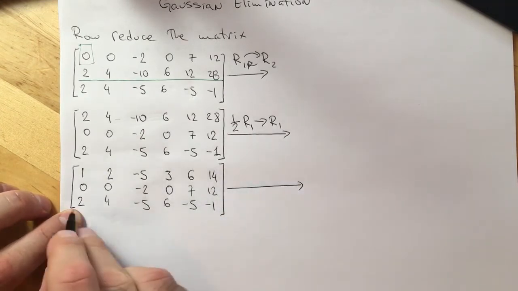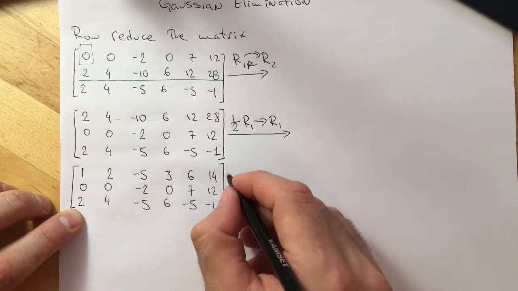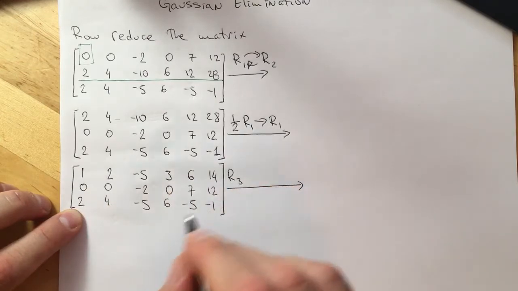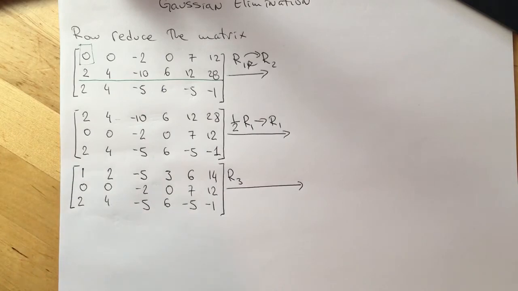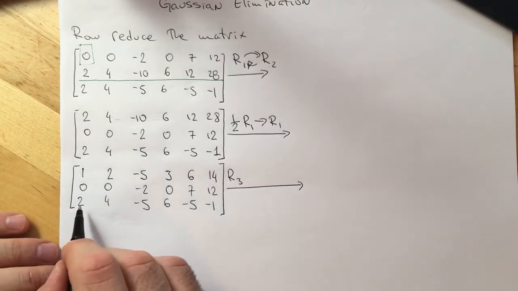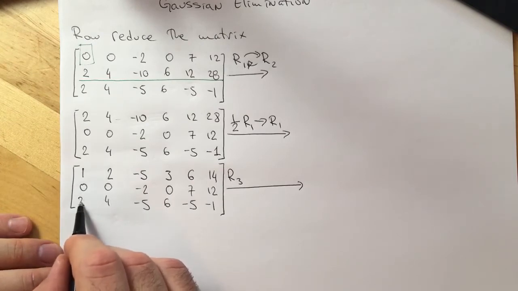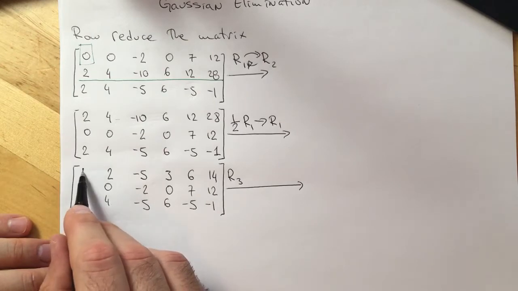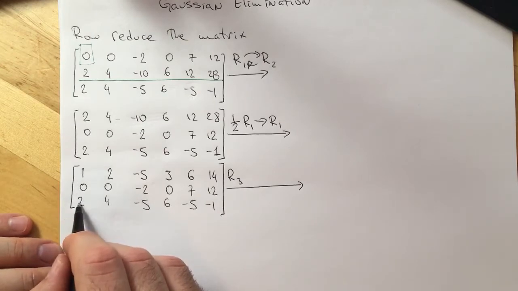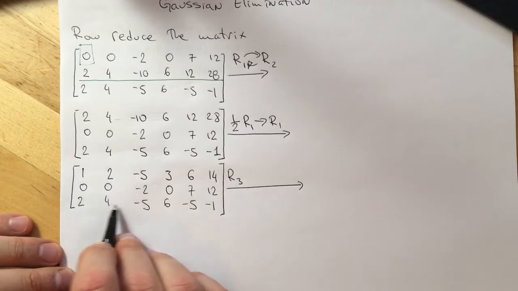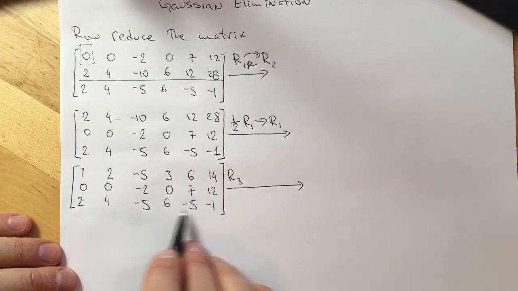I want to change the third row, so I say row 3, and what is going to be my action? I'm thinking, what do I have to do using the first row in order for this entry to become a 0, and then apply that action to every single entry in the row.